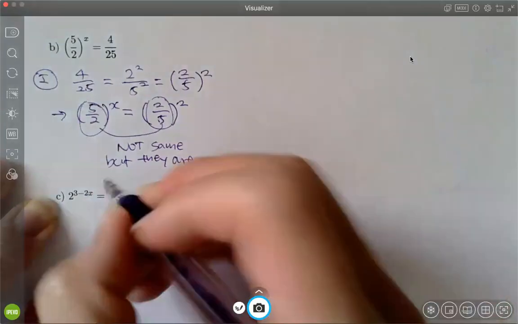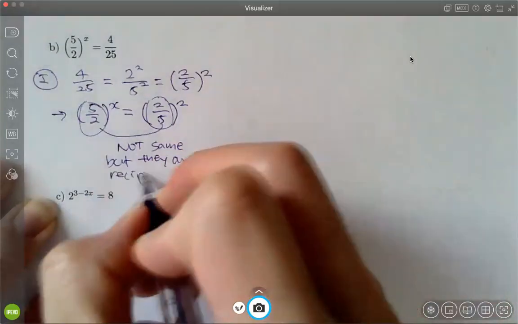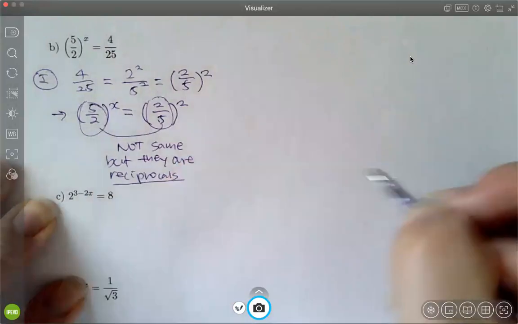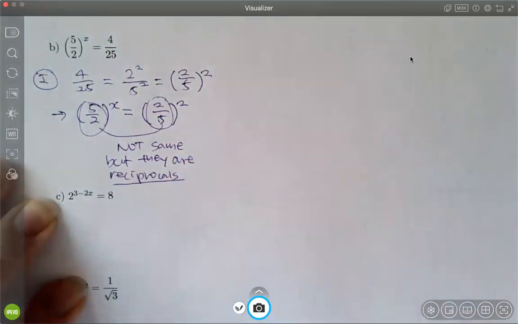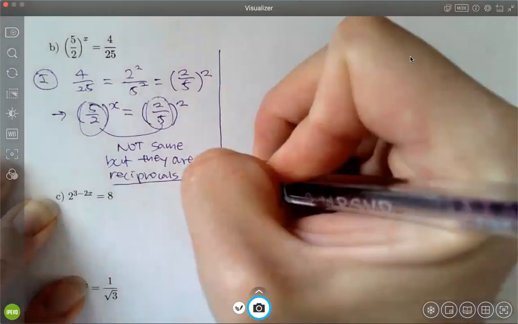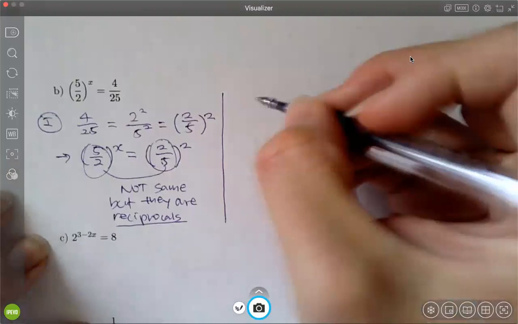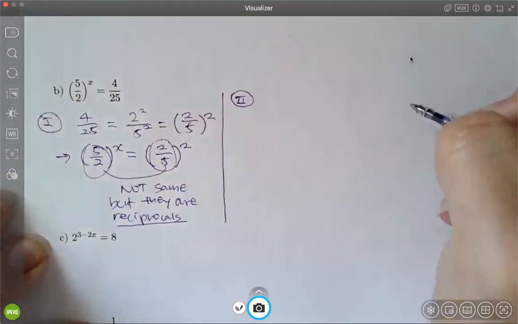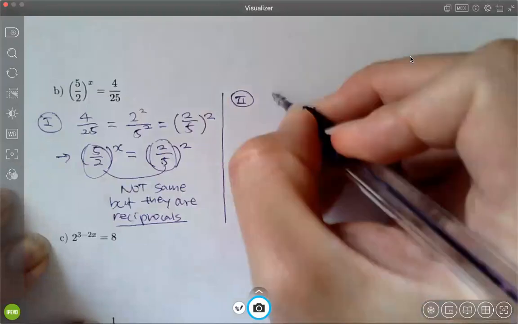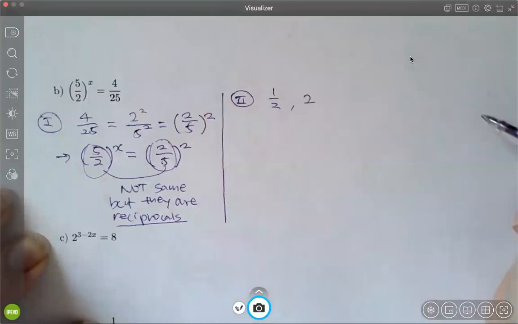Reciprocals. What does that mean? Let's look at some simple numbers, maybe 1/2 and 2. These are off by -1, right?